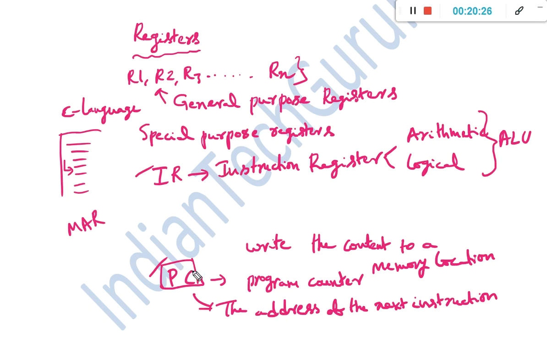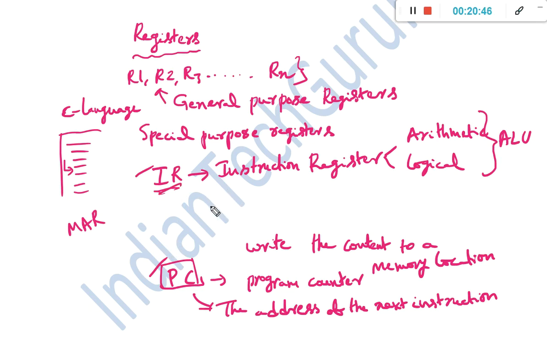You may think that the PC and MAR are going to hold addresses, so they may occupy very little space compared to the instruction register, because the instruction register is going to hold the instruction to be executed.